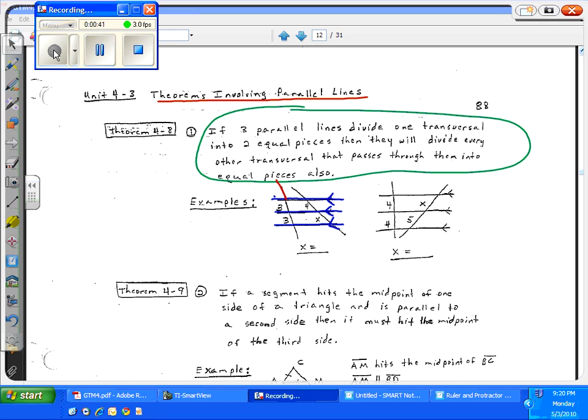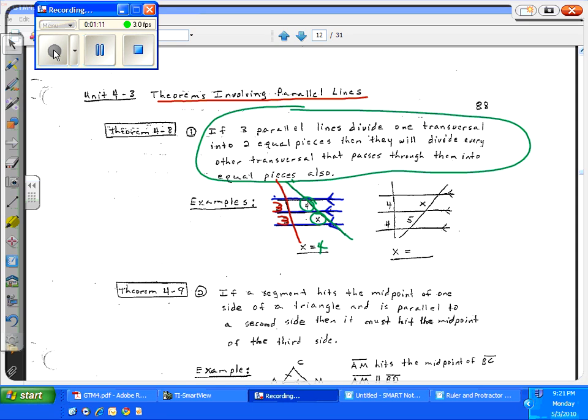When those three parallel lines are cut by this transversal, it divided that transversal into two equal pieces. So according to that theorem, it will divide every transversal that passes through there into equal pieces also. So if this little piece is 4, then the other little piece is 4.